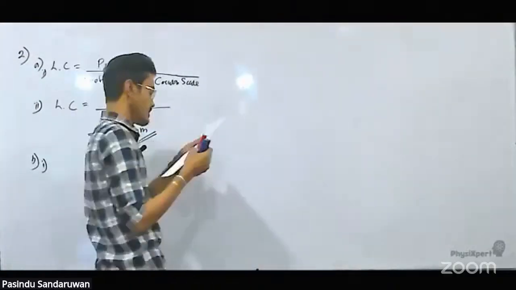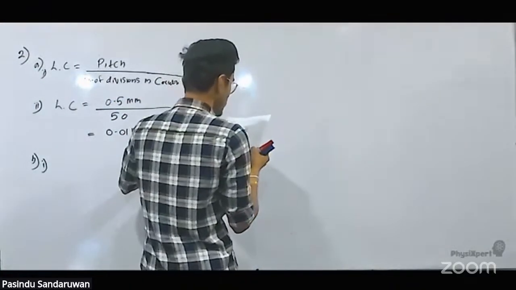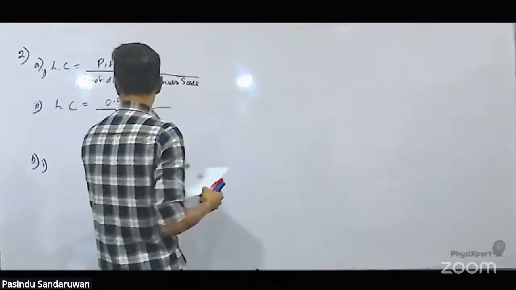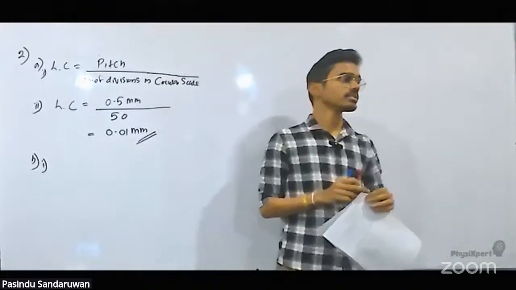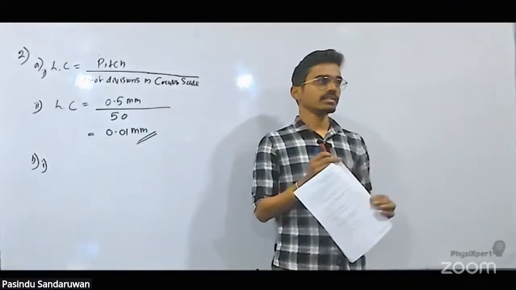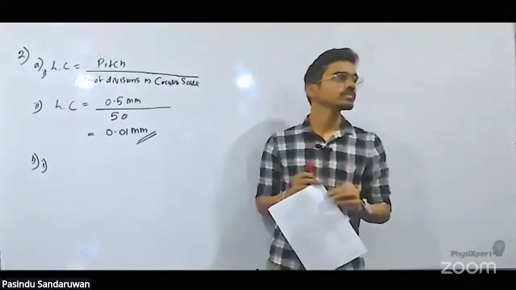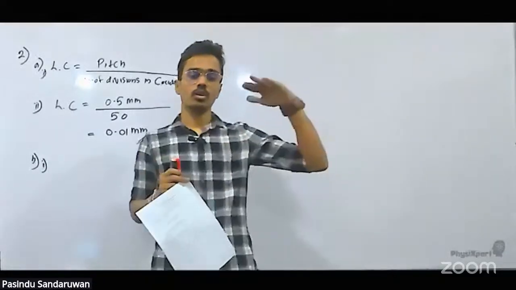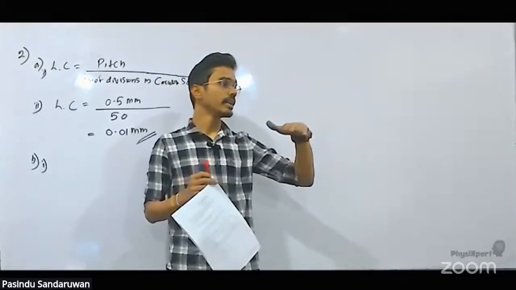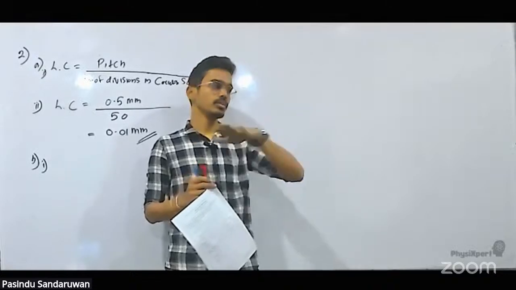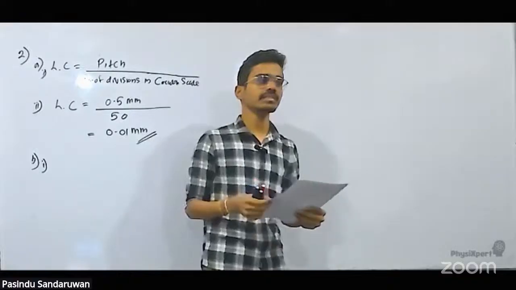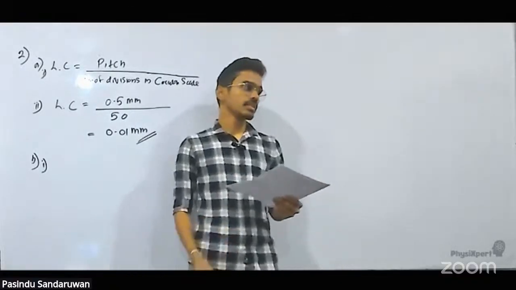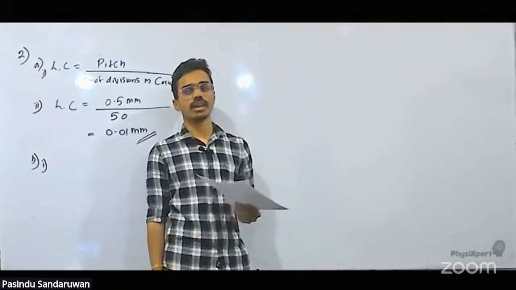Okay, B1. What adjustment should be made to the instrument before taking a reading? About a spherometer, there's something special compared to other ones. We have to take all three legs of the spherometer and the screw tip to the same horizontal plane. To do that, what we usually use is a glass slide or a glass cube.